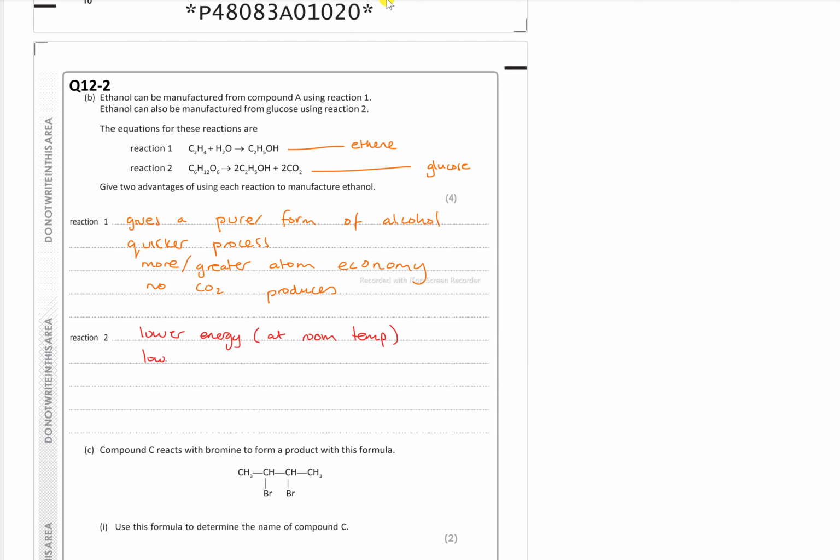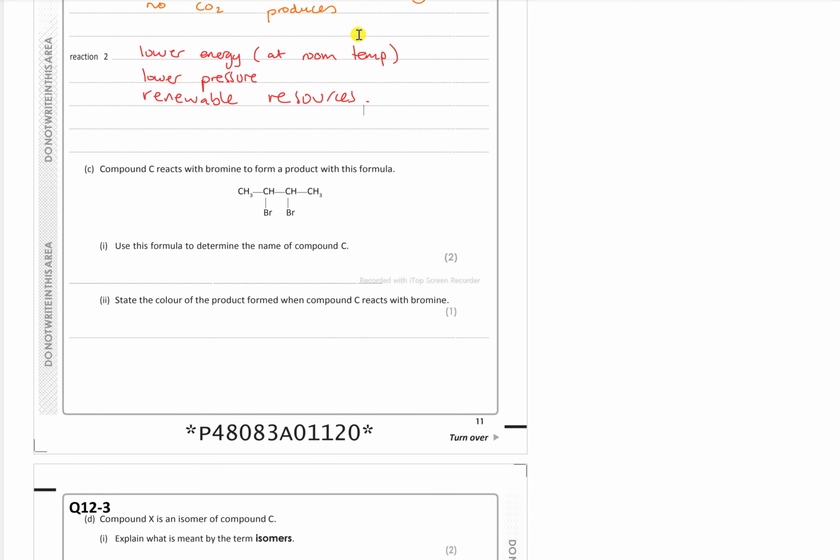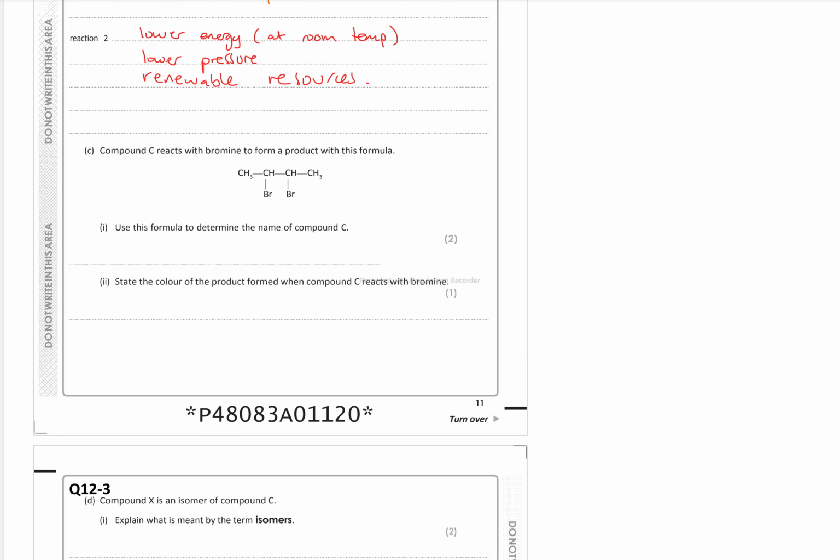It is at lower pressures, so you don't need expensive equipment, and it uses renewable resources. There you go. Right, okay, let's keep going.